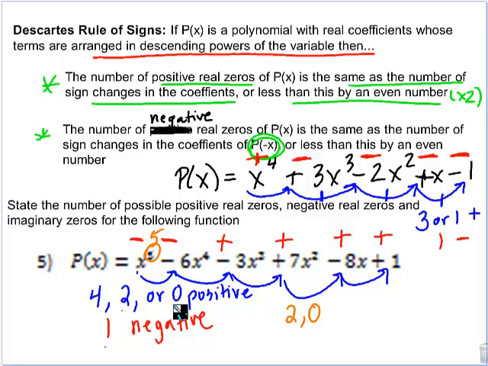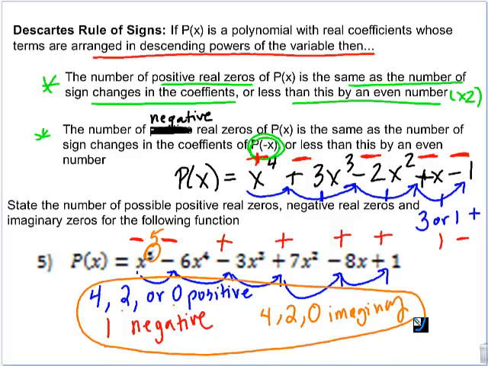We'd have to have 4 to get the imaginary. So this would be our number of possible positive, negative, and imaginary answers. And the imaginary you find out by figuring out how many more you would need to get the highest exponent when you've made all the combinations. Is that okay?